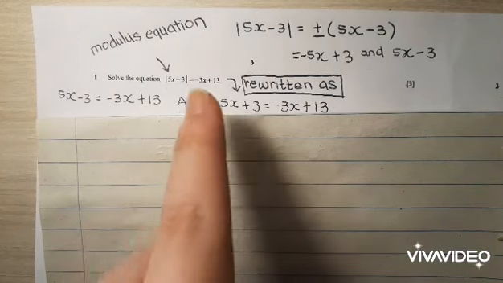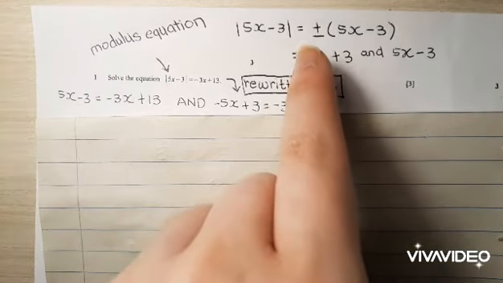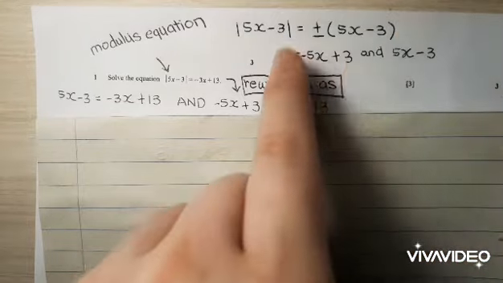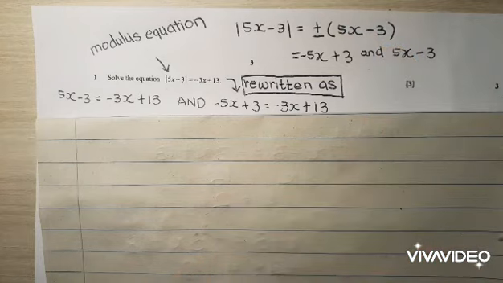We first understand that the modulus expression here actually means the positive and negative values of whatever is inside this bracket, and in this case it's positive negative bracket 5x minus 3.